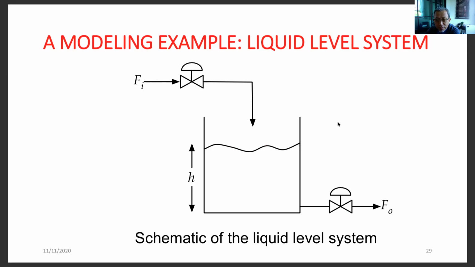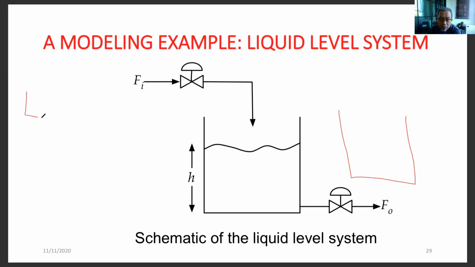So a single tank is always referred to as a first order system. It is namely known as a first order system. If you have a second tank beside the first tank, the system becomes a second order system.